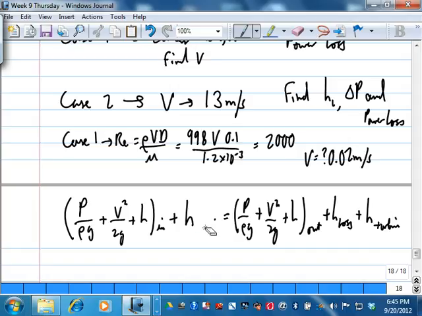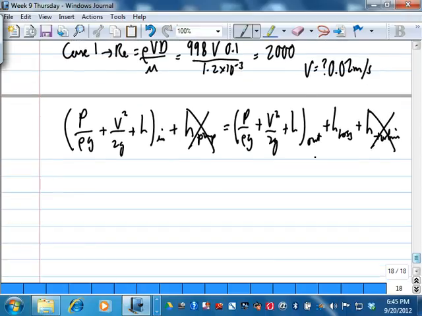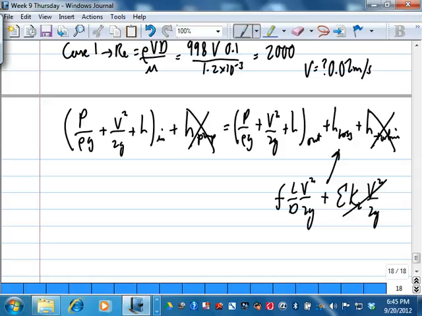For this case it's just a straight piece of pipe, so there is no H pump, no turbine. Head loss is f L on D V squared on 2g plus sum of K_L V squared on 2g. This one also we don't have, so it cancels out. Straight pipe, we assume fully developed at the inlet and outlet, so the velocity is the same. And it's a horizontal pipe, so the height is the same.